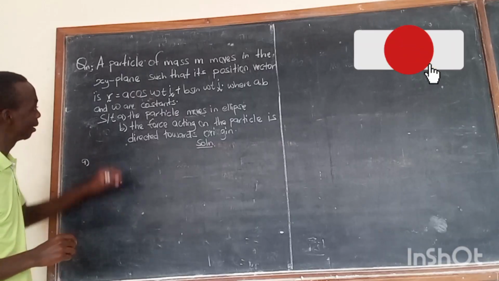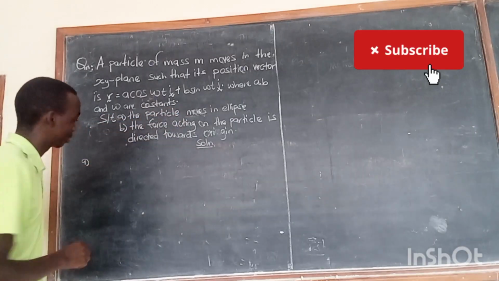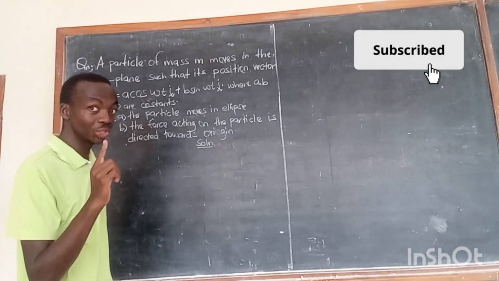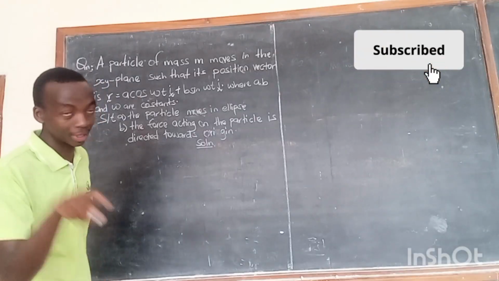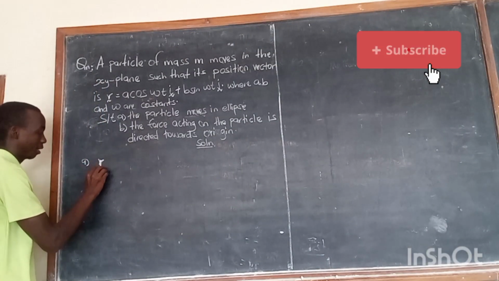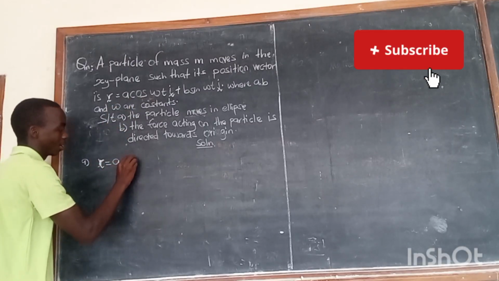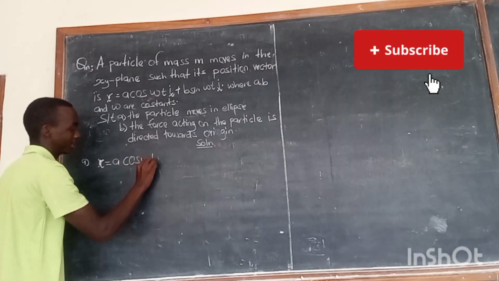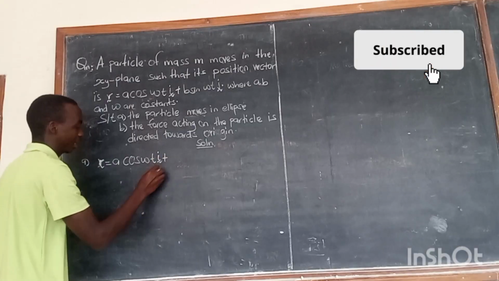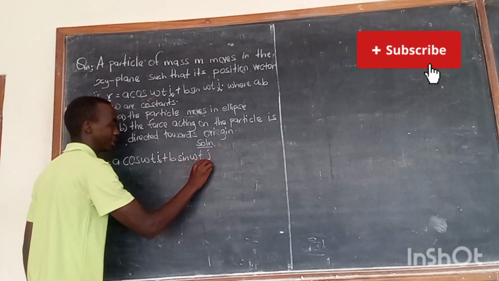So part A, we need to show that the particle moves in an ellipse. Remember, we have the position of the particle as it moves around. So its position, we have that r is equal to a cos omega t i plus b sin omega t j.